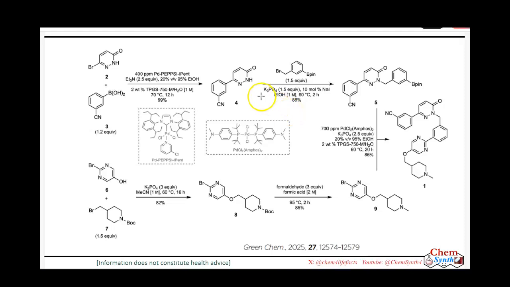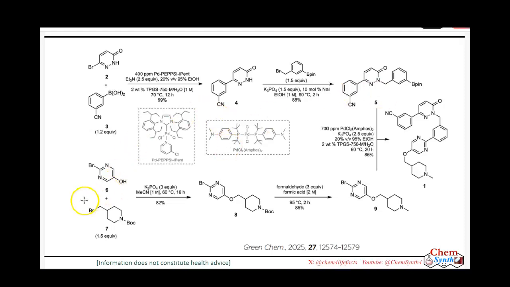And the next step was the N-alkylation using this boron substituted benzyl bromide in presence of K3PO4 as the base to get the intermediate 5.